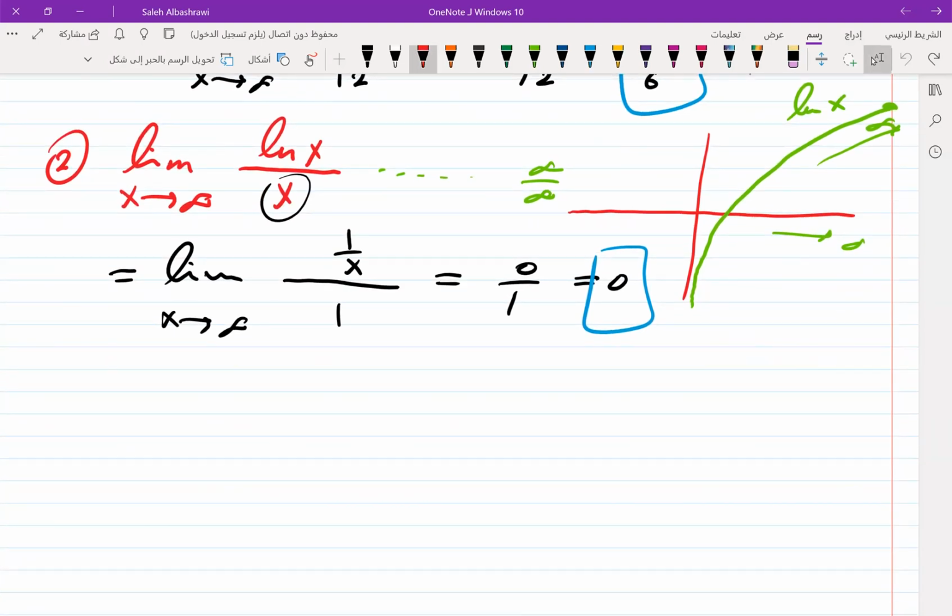Now for the next example, let's speak about something called the growth or decay of exponential functions, using the L'Hopital rule.